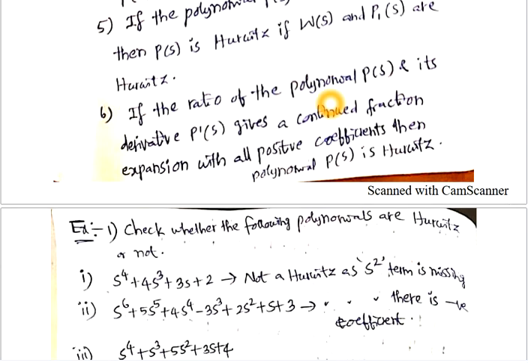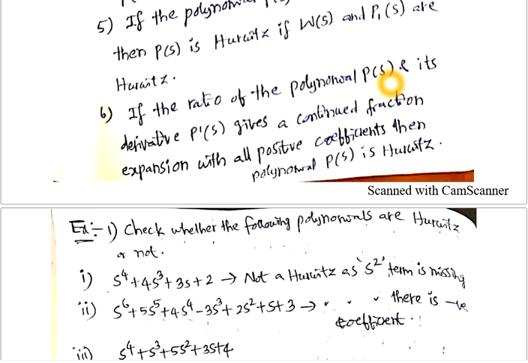Then the last property is that if the ratio of the polynomial p of s and its derivative p dash of s gives a continued fraction expansion with all positive coefficients, then the polynomial p of s is Hurwitz. So here it is a derivative property for the polynomial p of s.